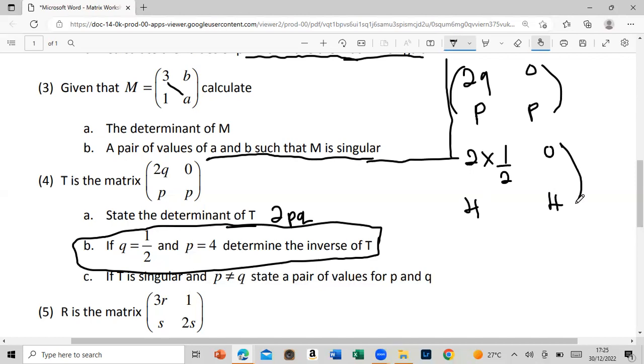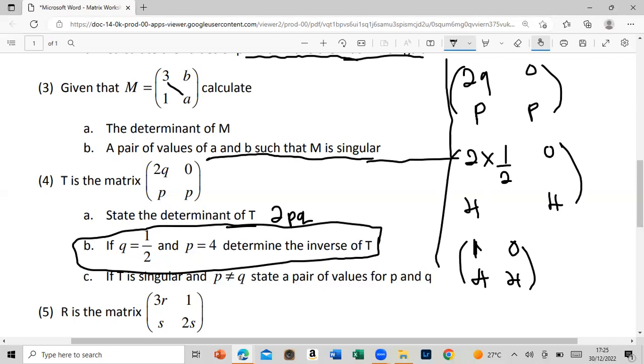And they're asked to find the inverse. So this times this is going to give us 1. So it's 1, 0, 4, 4. This is what we have. To find the inverse, it's 1 over the determinant times the adjoint.